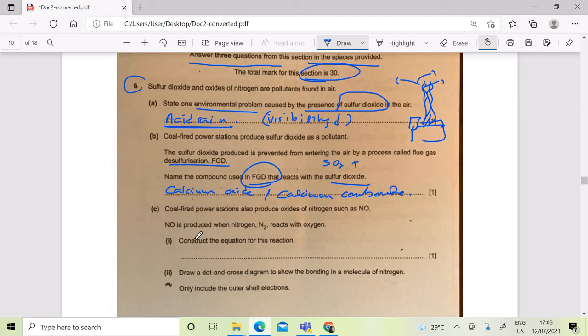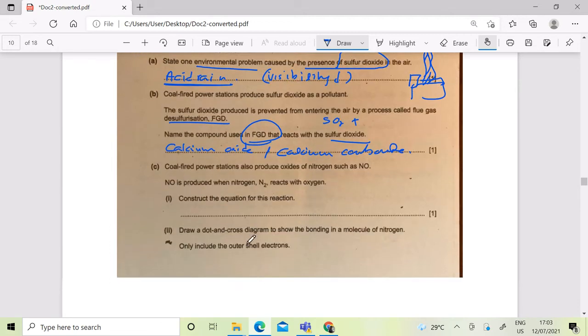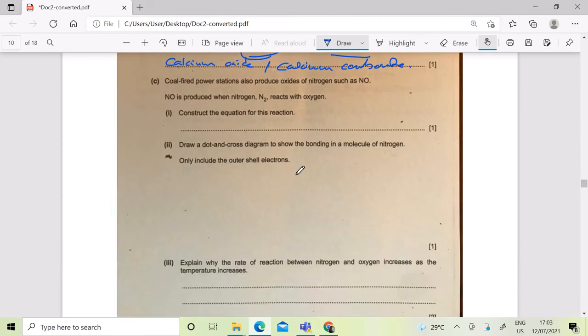Right. NO is produced when nitrogen reacts with oxygen. Construct an equation. So you have N2 plus O2 giving 2NO. N2 in air, O2 producing NO. They are not asking for the physical states. Draw a dot and cross diagram for a nitrogen molecule, with a triple bond. Nitrogen has a triple bond.